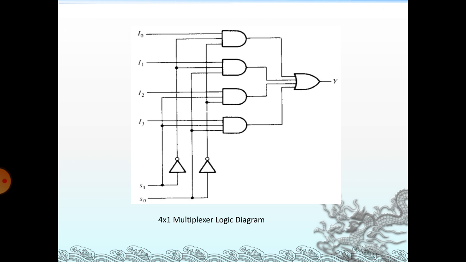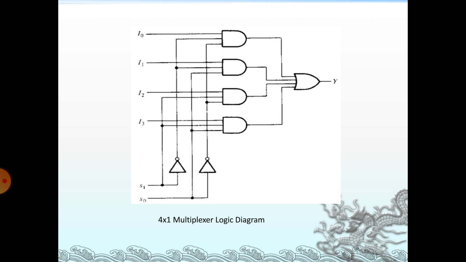This is the logic diagram for the 4:1 multiplexer. Here we have 4 inputs I0, I1, I2, I3 and 1 output Y. We have selection lines S0 and S1, which will be complemented, and according to the input they are given to the corresponding AND gates.